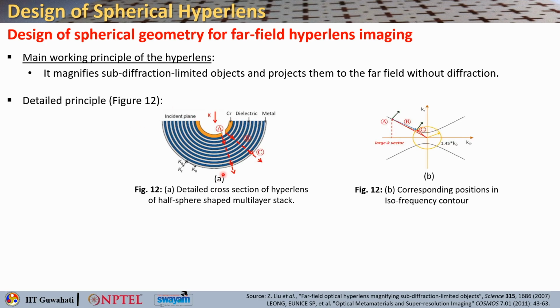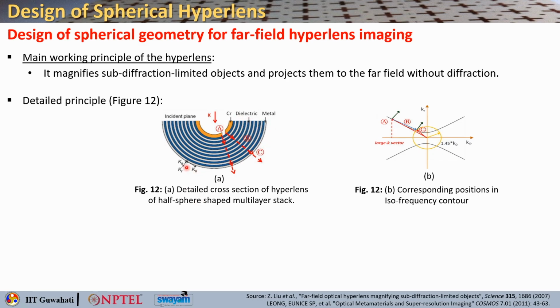Here you can see what is happening. This is the detailed cross section of the hyperlens, a half-sphere shaped multilayer stack. You have a chromium layer which has this small information, the information that is diffraction limited. There is a slit, then you have these alternating metal-dielectric layers.